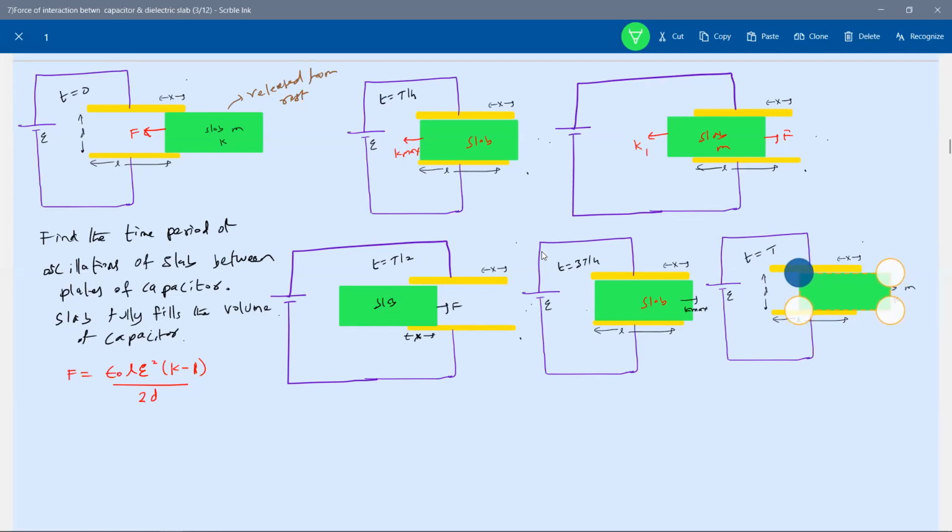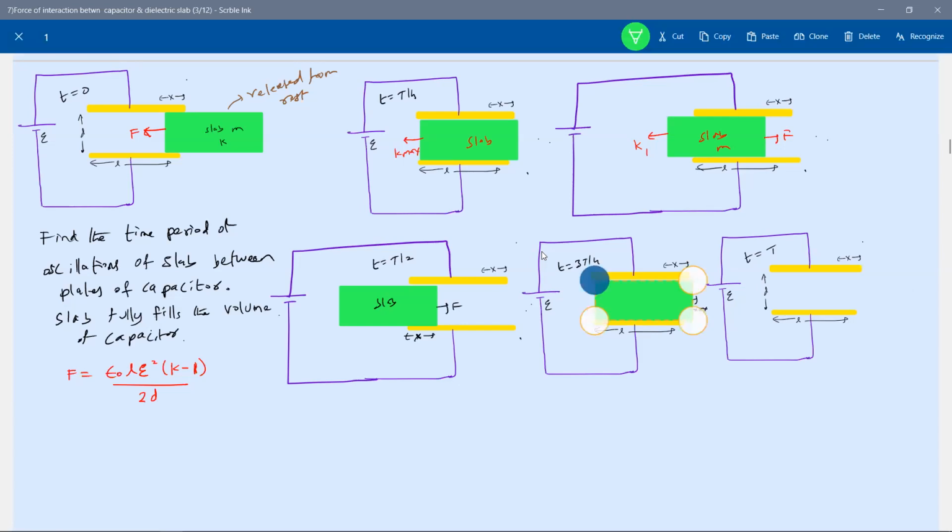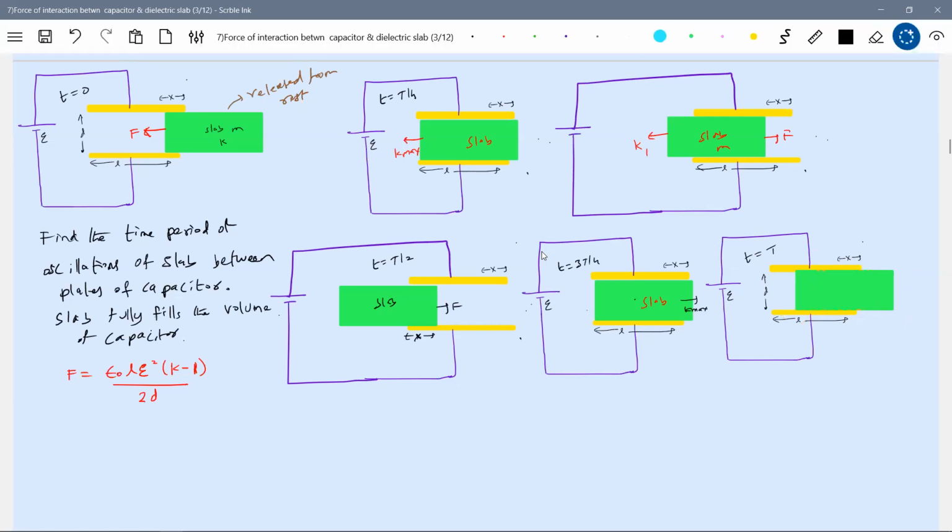When it comes to this position, it will undergo retardation. There are around 16 different types of questions; try to work them out. This will be some kinetic energy K2. Here the force will be in this direction. Finally, it will undergo retardation and come to this position.